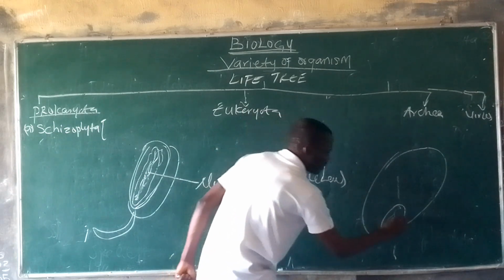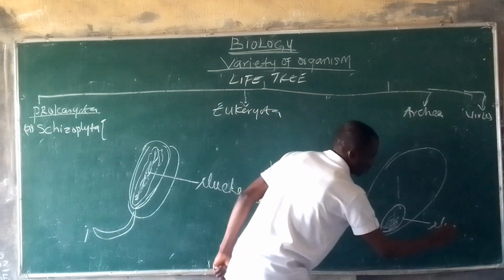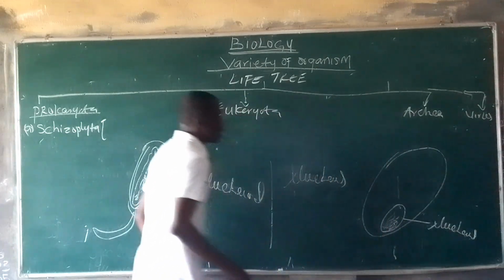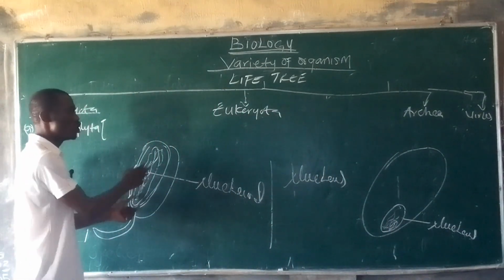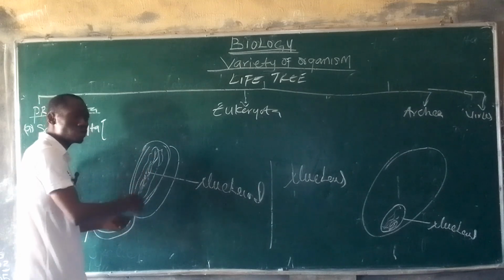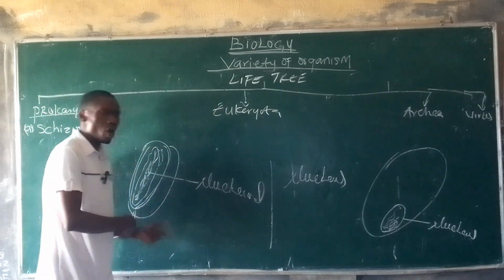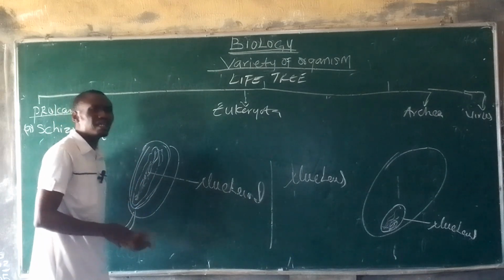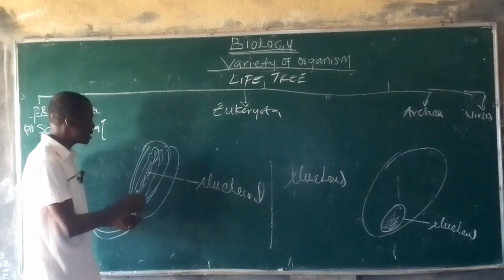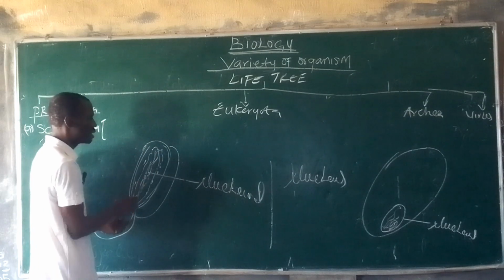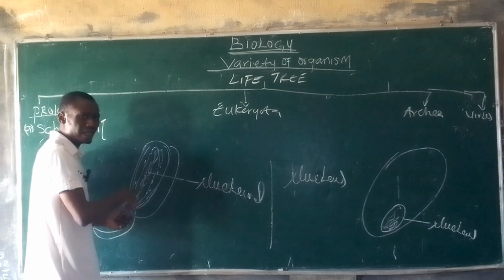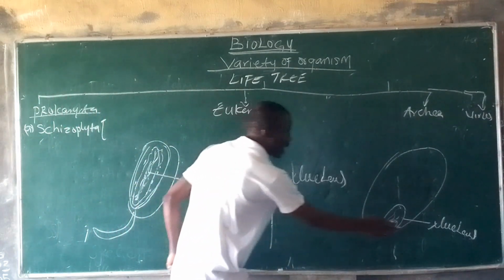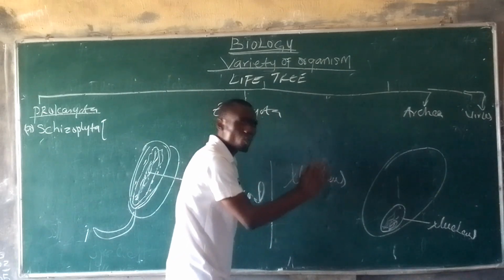You notice that the animal cell has a nucleus, while the bacterial cell has a nucleoid. Now, the nucleoid is scattered or embedded in the cytoplasmic strand. You notice that in this cytoplasmic strand, the nucleoid is scattered there. It's not arranged. But over here, the nucleus is well arranged.